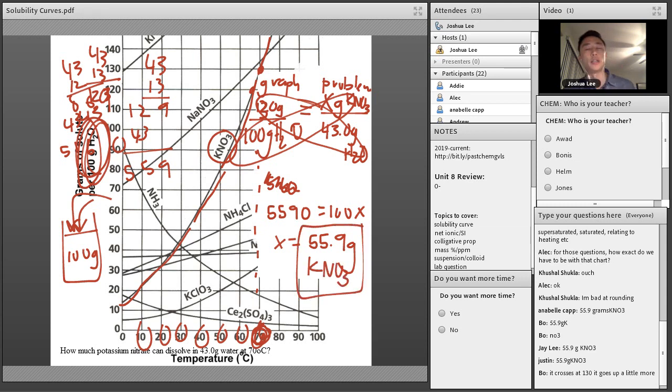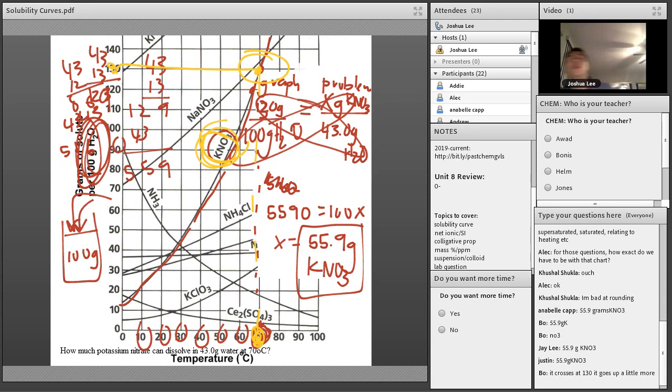Two common mistakes I always see students make. One is what I did, and Bo pointed it out: reading your graph wrong. Make sure you choose the correct compound, because there are a lot of lines crisscrossing everywhere. Just see that this is 70 right here, and it goes to 130 right here.